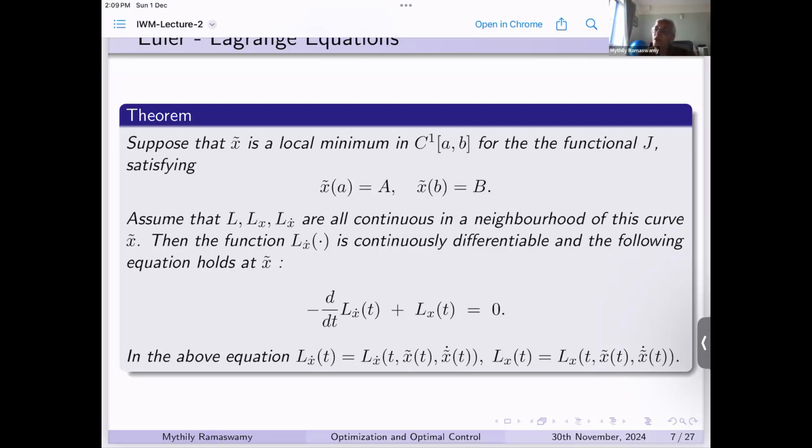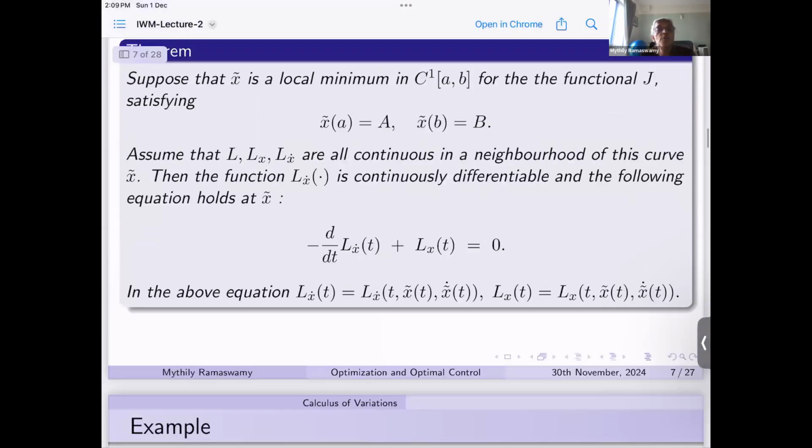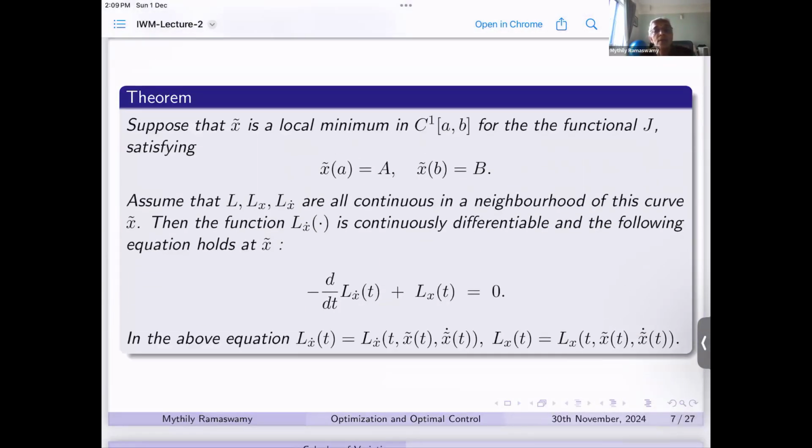And then the whole crux of the proof lies in calculating the derivative of the integral as a function of theta, but it will depend on x tilde and all this. So that is where the chain rule will have to be used very carefully. That will give me this Euler-Lagrange equation. And yeah, the reference could be Evans' PDE book in the chapter Calculus of Variations.